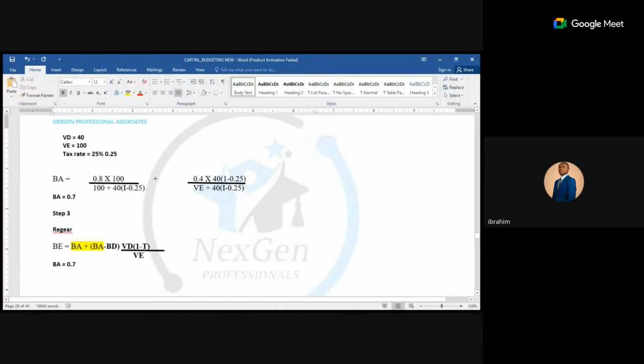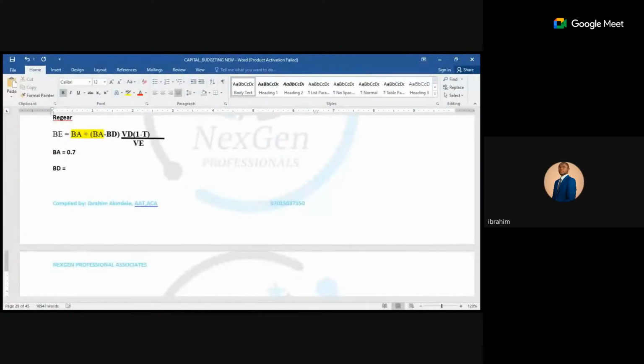Class, don't forget that this beta debt from this part here is for the main company. Beta debt, right? So you can have BD, then the level of gearing for the main company.